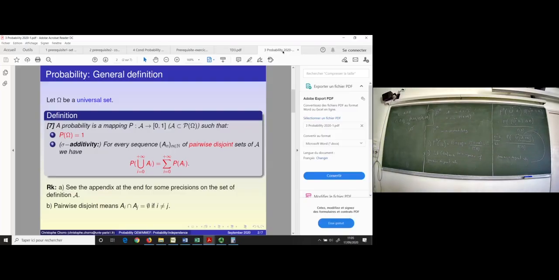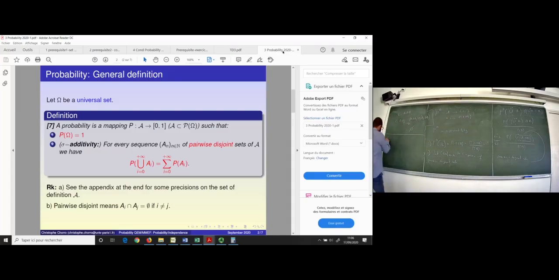But the intersections between Ai and B define a new family of sets I denote by Ci, and here I have a sequence of pairwise disjoint sets. Since I have a sequence of pairwise disjoint sets here, the probability of the union is equal to the sum of the probabilities. So it was just my little remark to say why they are pairwise disjoint.